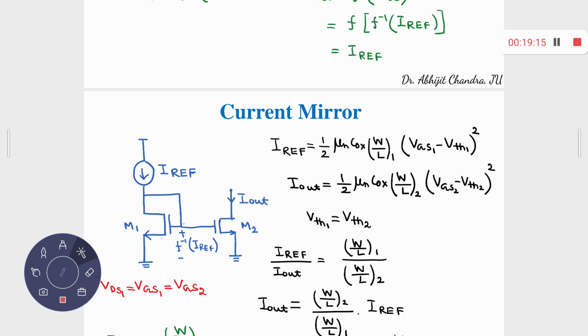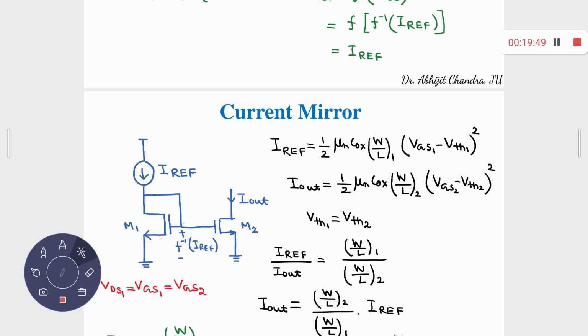Typically, whenever I write an expression for the current, how many temperature dependent parameters are there? In this expression of I reference, half mu n C of W by L1 into (VGS1 minus VTH1) whole square, mu n is a temperature dependent parameter. Then the gate source voltage is a supply dependent parameter, because if the supply voltage changes, the gate source voltage will vary, and then the threshold voltage VTH.